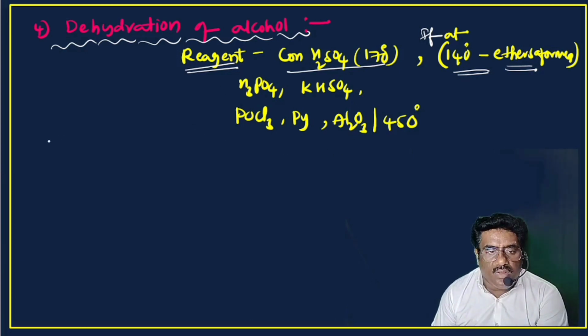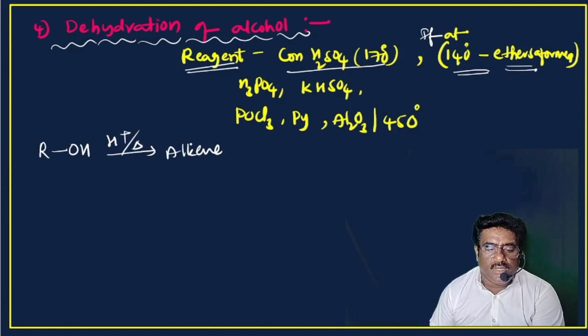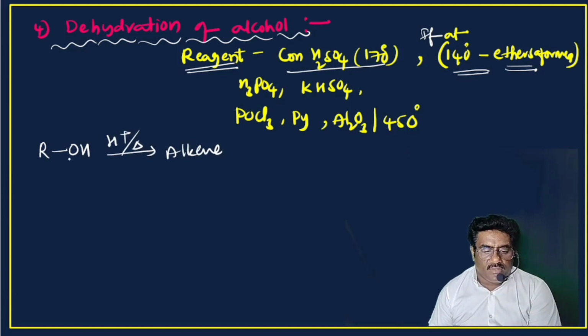For example, alcohol ROH in the presence of H plus, like concentrated H2SO4, on heating gives alkene. I am giving one example.